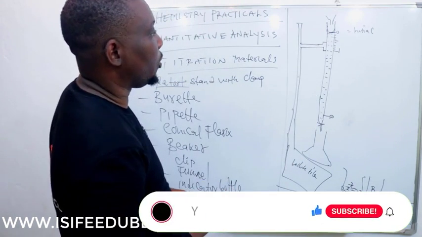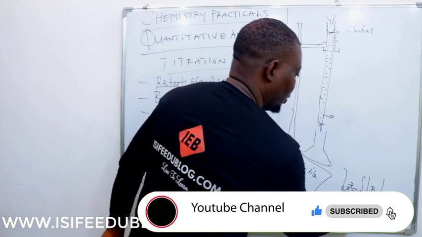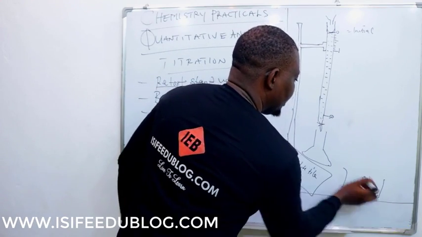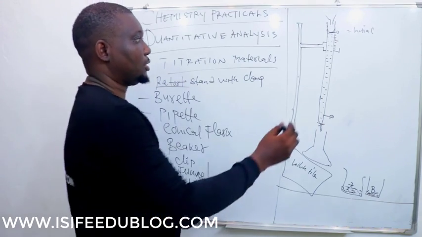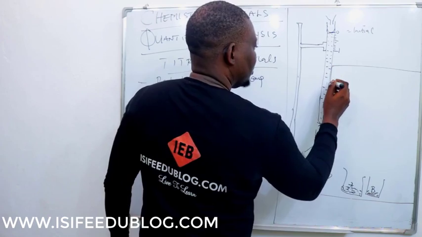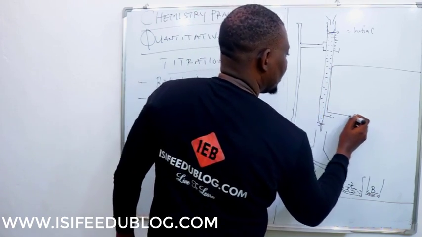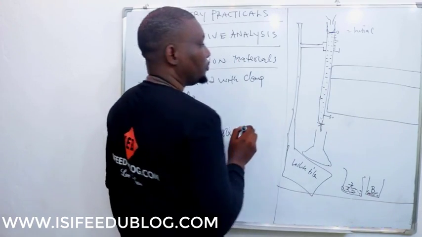Once you have poured this acid into the burette, before you can measure the volume of your solution, you must put your table as soon as possible. Your table of reading should be drawn this way with your meter rule. This is the model table for WAEC.